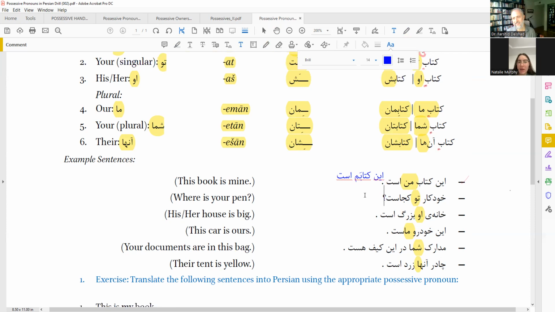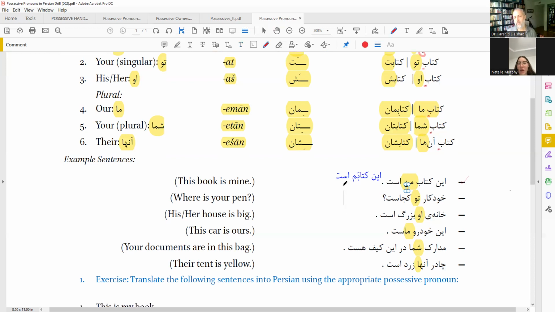You're muted. Go ahead. Khodkar-e to kojast. Perfect. Khodkar-e to kojast? So, where is your pen? And now try to use the joint form.